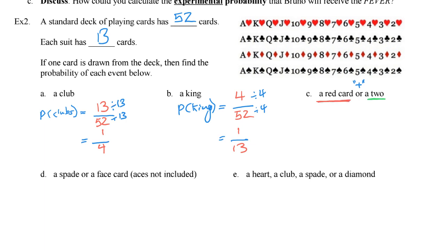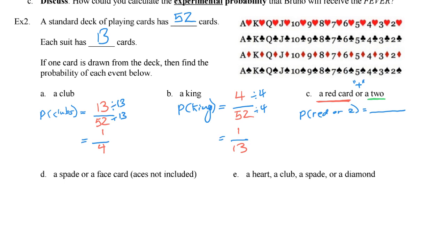So if I want to find all the possibilities of a red or a 2, we do something like this. And the probability of a red or a 2 is equal to some fraction, right? Now, for the red, you'd count the number of reds, and in this case, I have 2 blocks of 13 red cards.